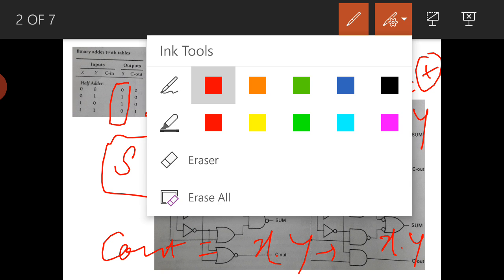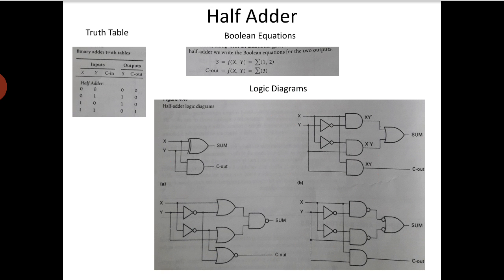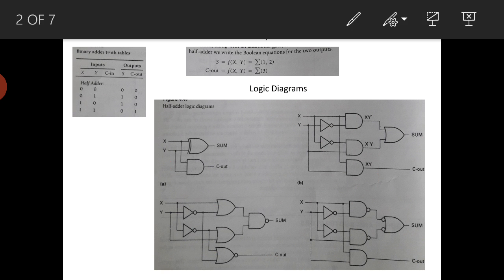If you write it in SOP form, the canonical form, it is the summation of minterms 1, 2, meaning sum of products.